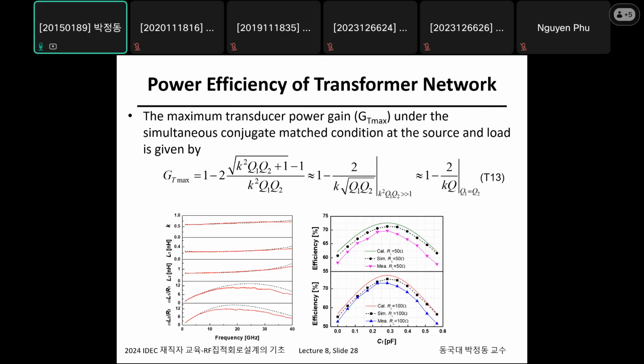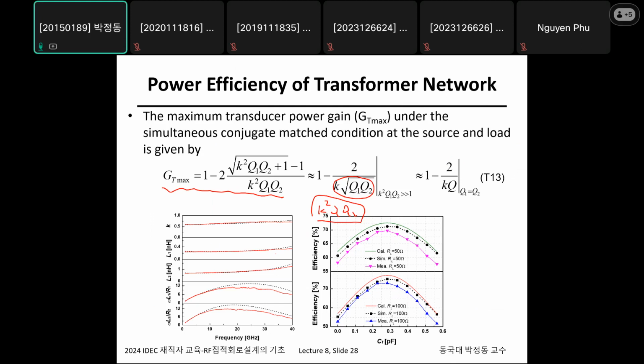So here we make an analysis of the intrinsic insertion loss. Basically, this intrinsic insertion loss is given by 1 minus this factor. As I said before, K square Q1 Q2 is the figure of merit of a transformer. The higher this value, the better transformer you achieve.